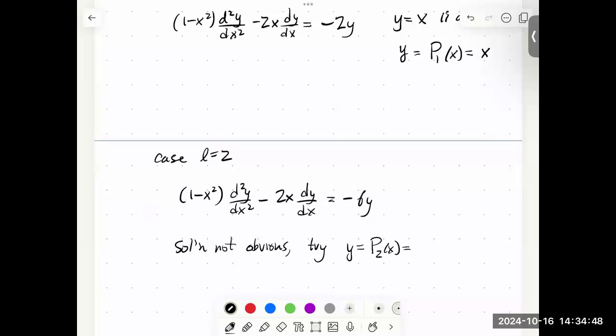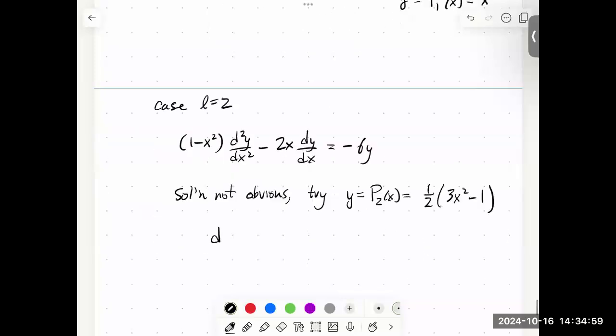of x, and P2 of x was 1/2 (3x squared minus 1), I think, if you go look at our table. Okay, so we're going to need stuff like dy/dx. And so what's that going to be? That's, I think, just going to be 3x. Okay, and then d2y/dx2: take an x derivative of this, we just get a 3.